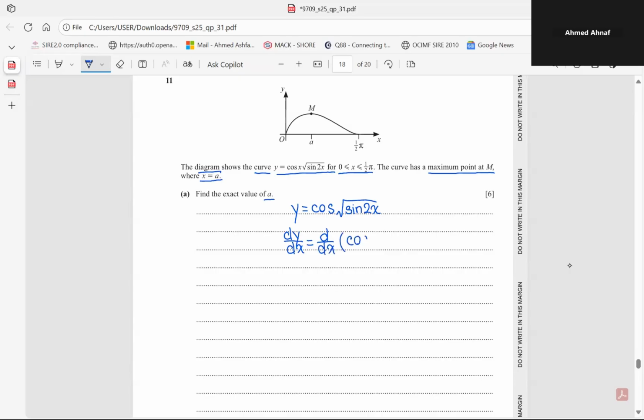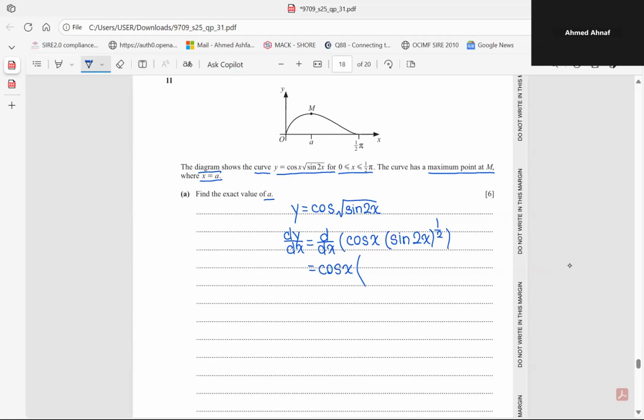So we're going to differentiate cosine x times (sine 2x) to the power of half. And since this function is a product of two functions, we're going to have to use our product rule for this. So I'm going to keep the cosine x first and differentiate the sine 2x.